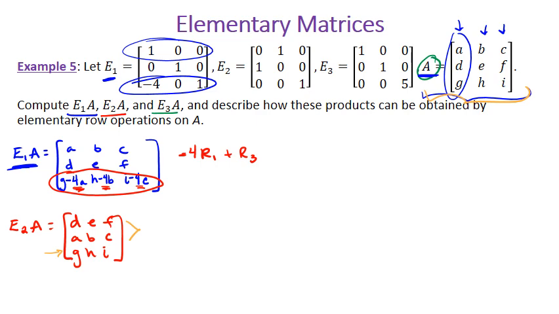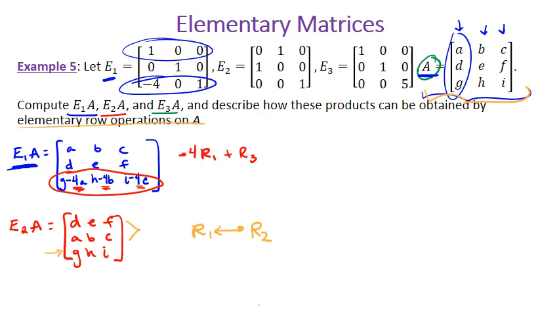Well, you might notice that I interchanged row 1 and row 2 of matrix A. So in matrix A, row 1 was interchanged with row 2. And those are the elementary row operations on matrix A.